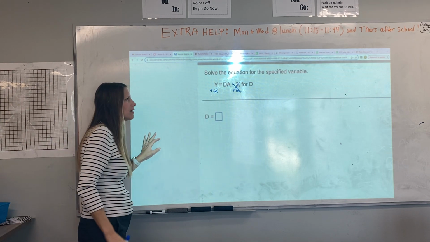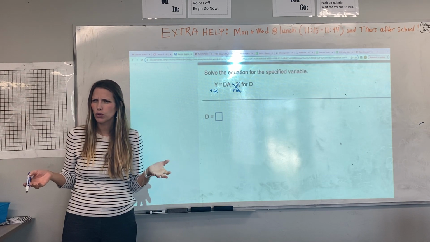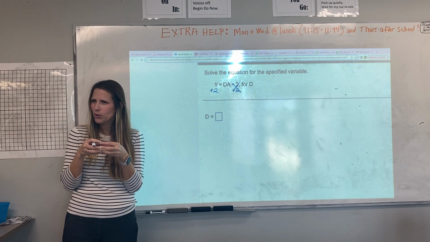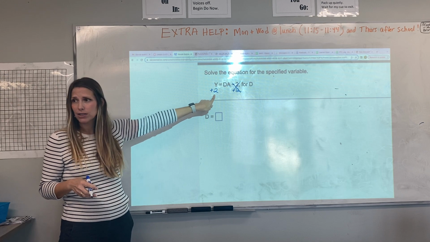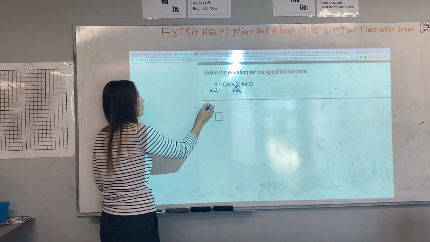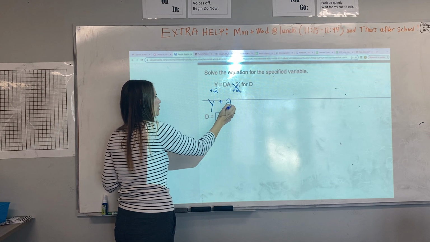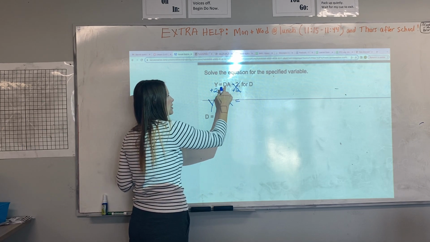This, y plus 2, how do I write y plus 2? Can I combine them? Can I combine it to 2y? No, they're totally different terms. This is a y term, this is not a y term. So the way that I write y plus 2 is y plus 2 equals dA.